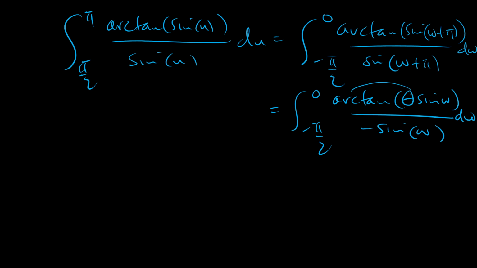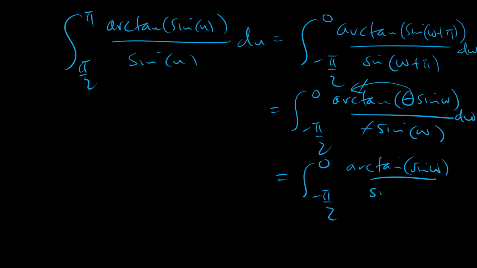This negative propagates out, and they cancel. And so we have the integral from negative pi over 2 to 0 of arctan of sine of w over sine w.